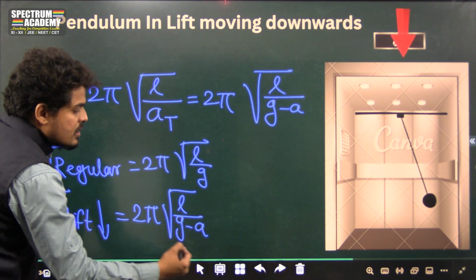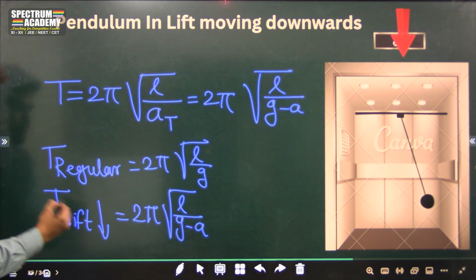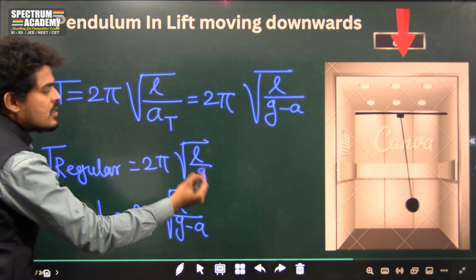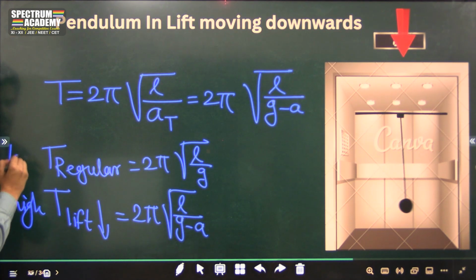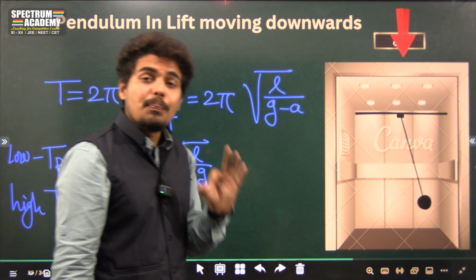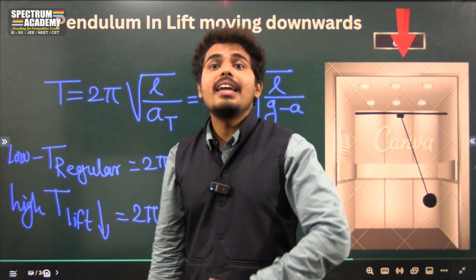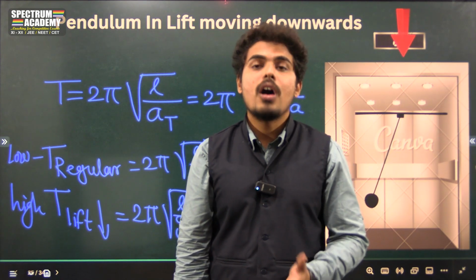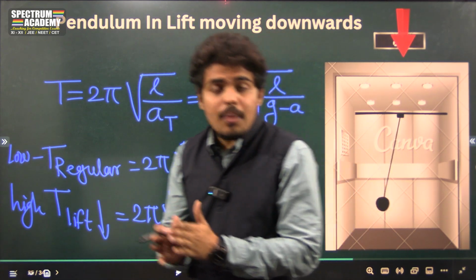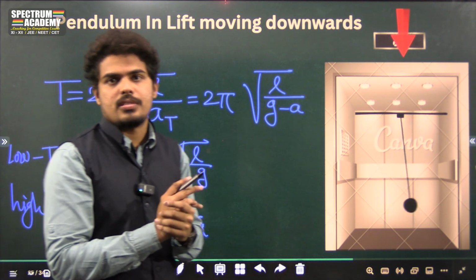Now, this is a reduced denominator, so T in the lift moving downwards is high, and this is g, so here the period is low with respect to this period. So we can see that the period of a simple pendulum increases if the simple pendulum is in the lift and the lift is moving downwards.